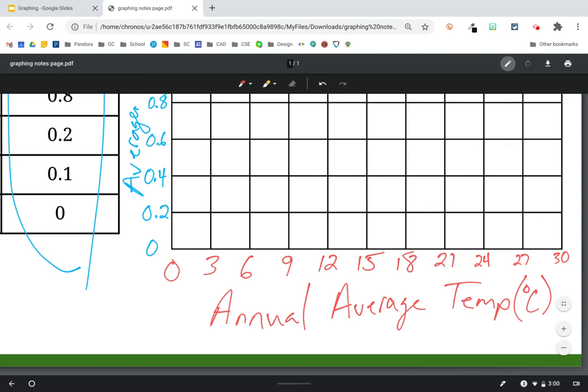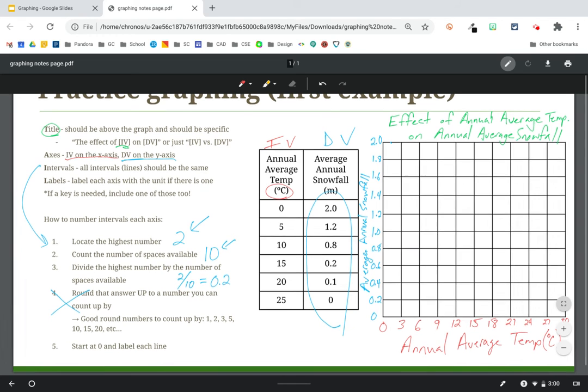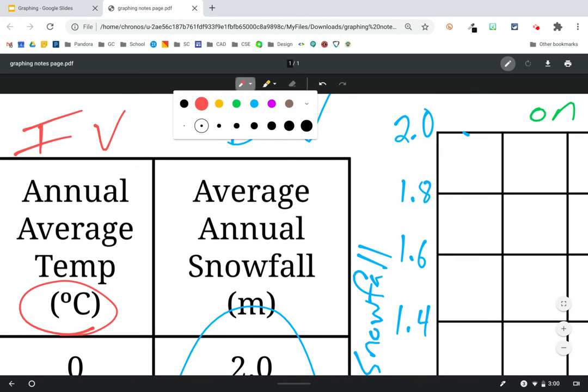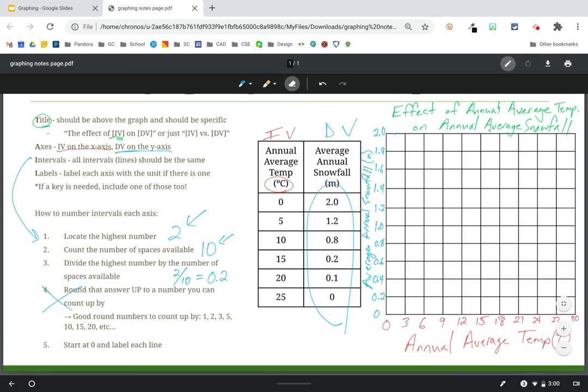Degrees Celsius. And then for the dependent variable, the amount of snowfall is measured in meters. So I'm going to add that to this label as well. And now we have the graph set up, so it's ready to actually graph some data onto it.